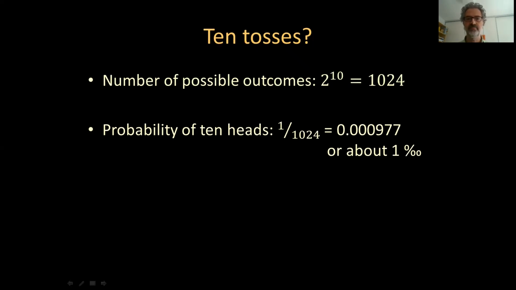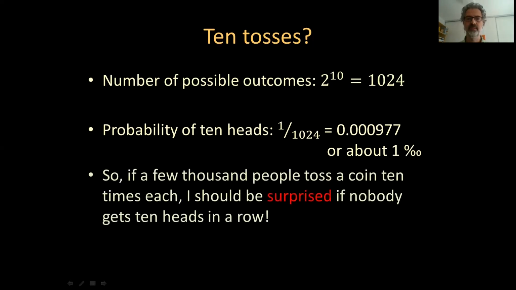And you should be. However, if we ask a few thousand people and they all agree to toss a coin 10 times each, what would you expect? Well, if nobody got 10 heads in a row, you should be surprised. Of course, the person or persons who do get 10 heads in a row will be very surprised indeed.